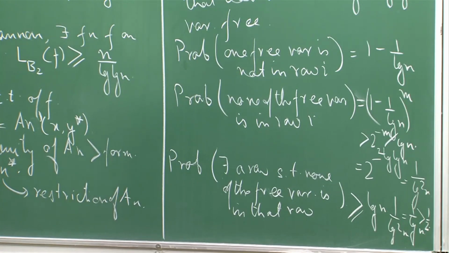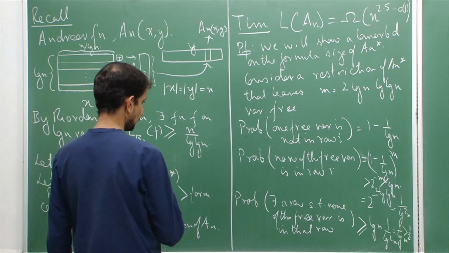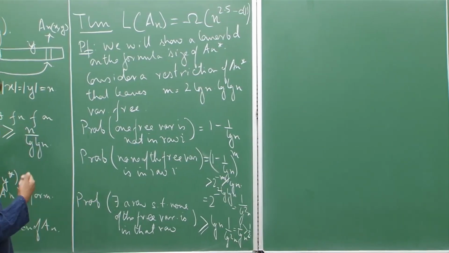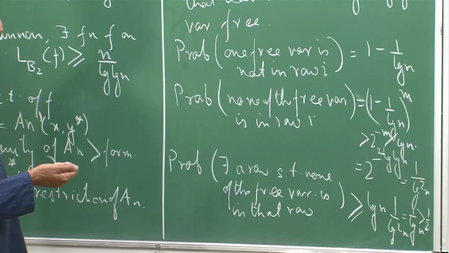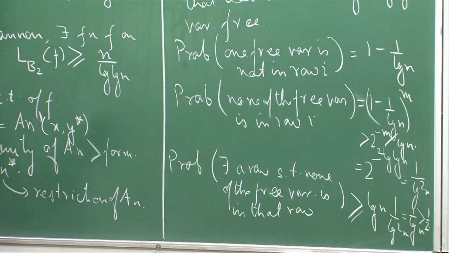So, if I am applying the union bound, the probability of the union is less than or equal to the sum of the probabilities of the individual events.